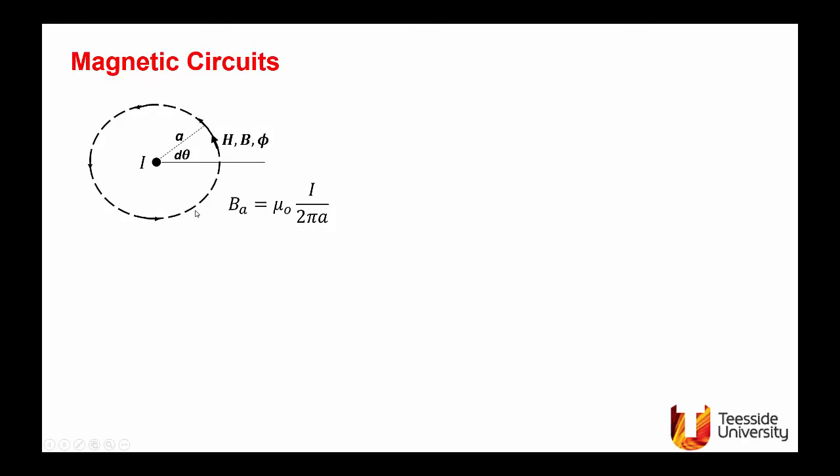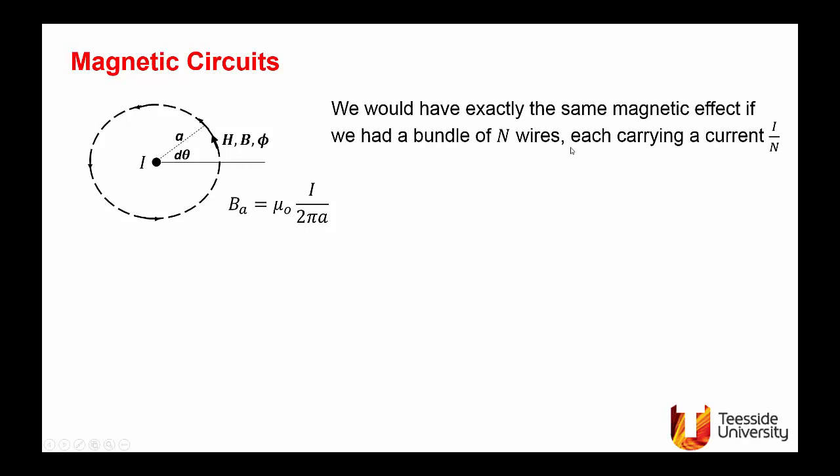We could have got exactly the same results if instead of current I here, we had N conductors, each carrying I over N, because what matters is the total current enclosed by the contour. Generally, we will use the sum of all the currents enclosed by a contour.